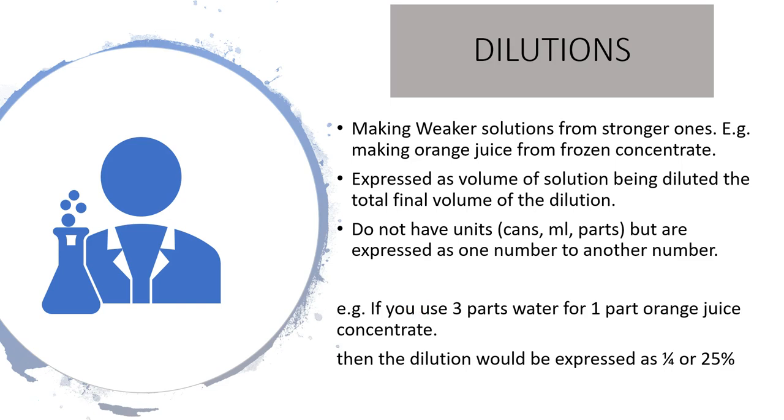You would just use cans or milliliters or parts, and then you would just be expressing them as one number to another, like 1 to 10 or 1/2 or 1/4, whatever the case may be. If you use 3 parts of water and 1 part orange juice, for example, then the dilution would be expressed as 1 out of 4 or 25%, since you had 4 total parts and 1 of those was made of orange juice.